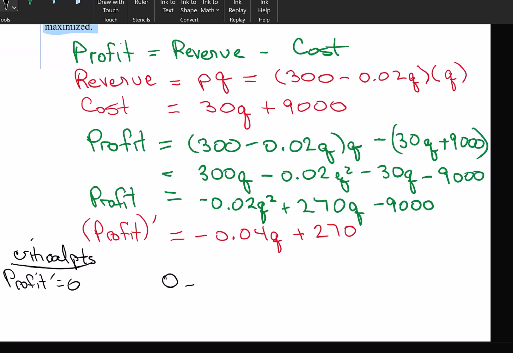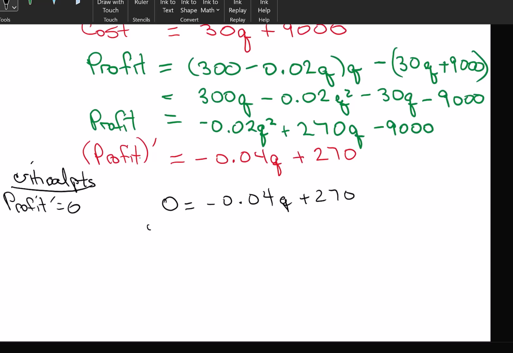I have 0 equals negative 0.04Q plus 270. I have 0.04Q is equal to 270. Q is equal to 270 divided by 0.04, which is equal to 6,750.